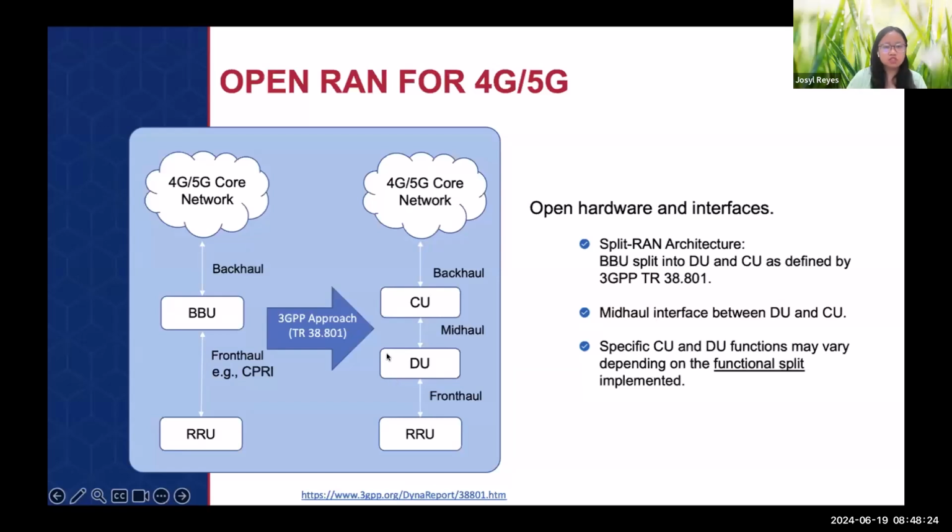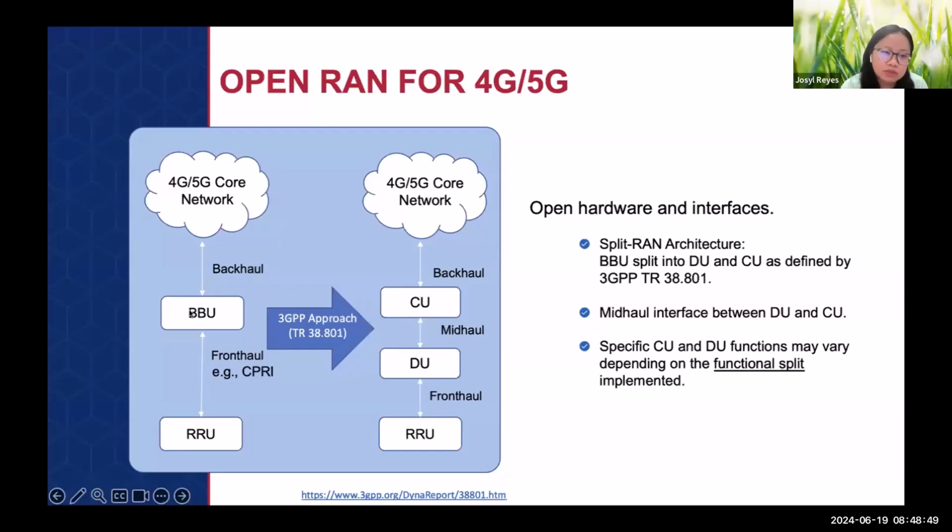Because it's possible that you want your CU to be on a different location, on different hardware, and you don't want to create a new BBU just for a certain part. And this is really for optimization of the functionalities.